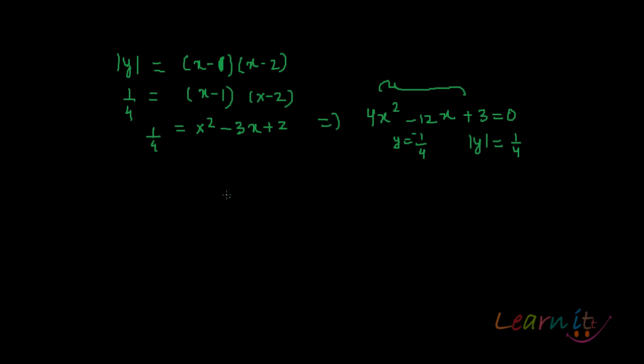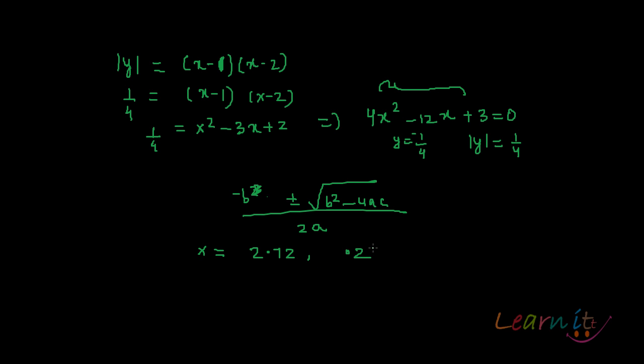If you want to find the roots, you can of course use the formula x equals minus b plus minus the square root of the discriminant b square minus 4ac, upon 2a, and what you will get is x equals 2.72 and 0.27.